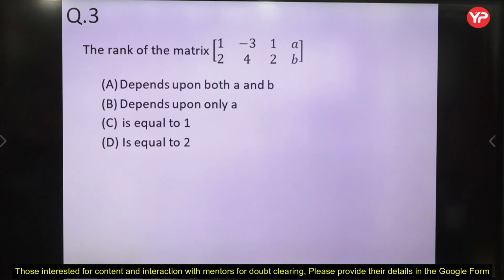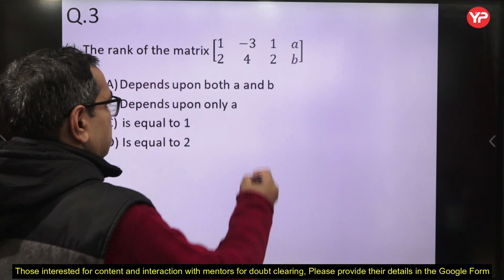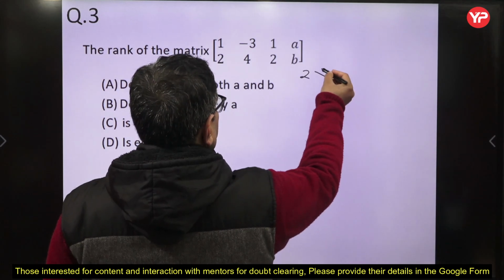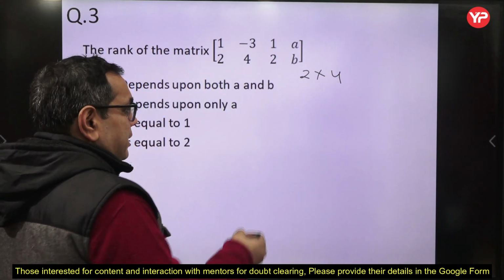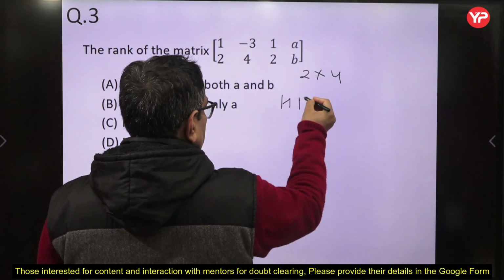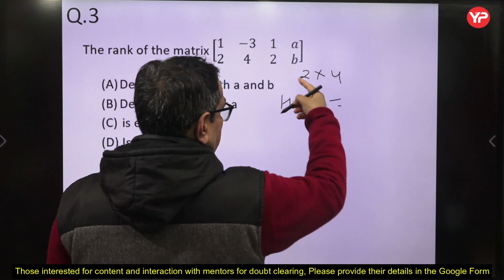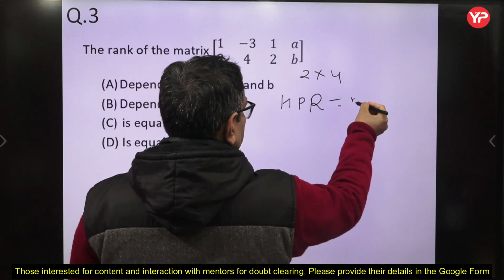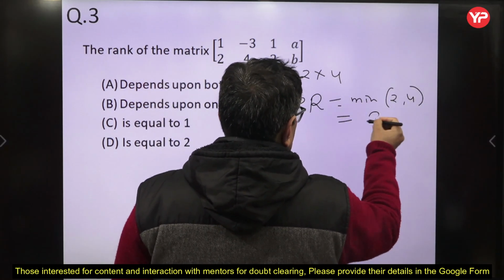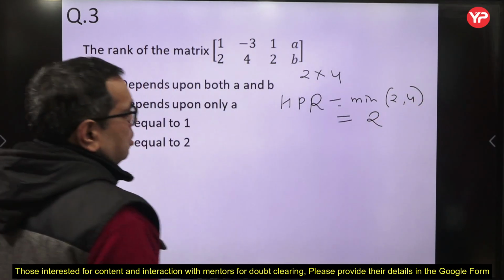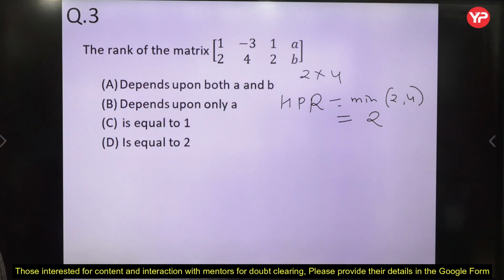You know it is a matrix of size 2 by 4. There are 4 columns, so size is 2 by 4. We know that the highest possible rank of this matrix is the minimum of these two. So minimum of 2 comma 4 is 2. So the highest possible rank is 2, right?